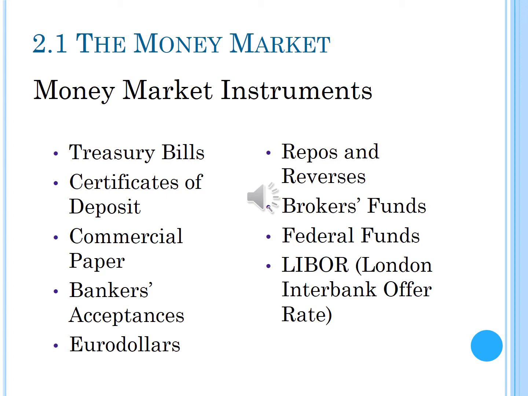We have certificates of deposit, commercial paper, bankers' acceptances, Eurodollars, repos and reverses, brokers' funds, federal funds, and LIBOR, or the London Interbank Offered Rate. We will start looking closer at the bills first.